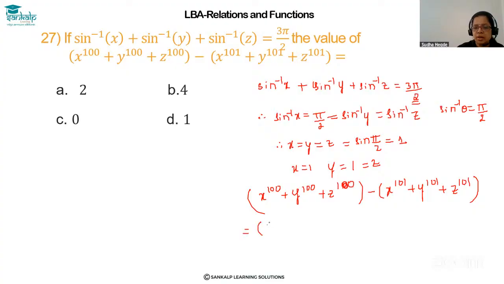x is 1, so 1 power 100 plus 1 power 100 plus 1 power 100 minus 1 power 101 plus 1 power 101 plus 1 power 101, correct?